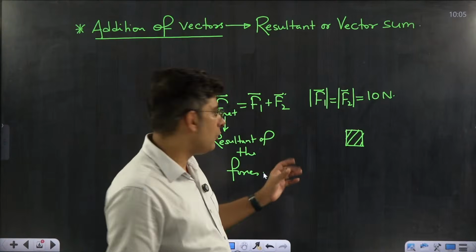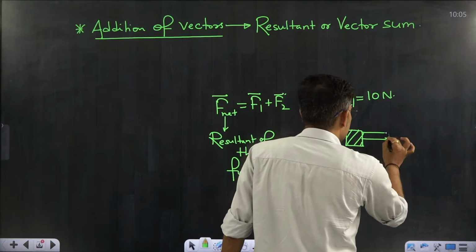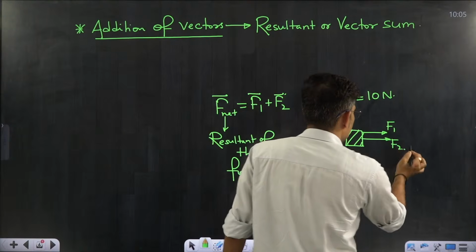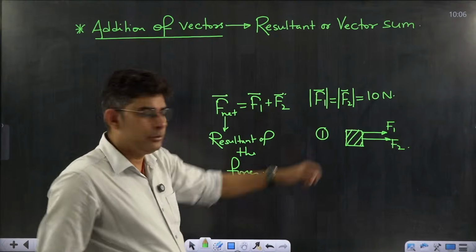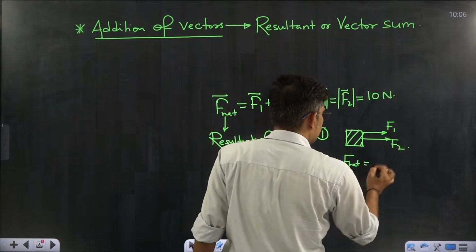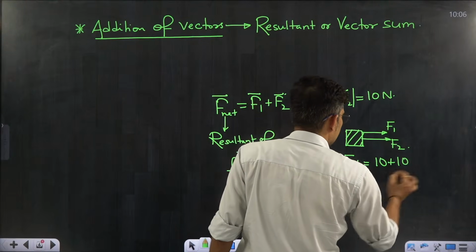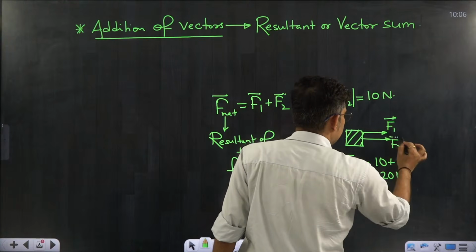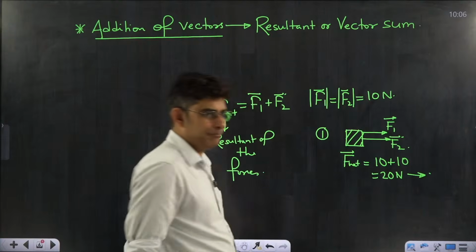So what happens if I apply in one situation both the forces in the same direction? First case, then you will see that the net force will add directly, it will become 10 plus 10, which is 20. Now both forces are in the same direction, so the net force is also in the same direction, 20.